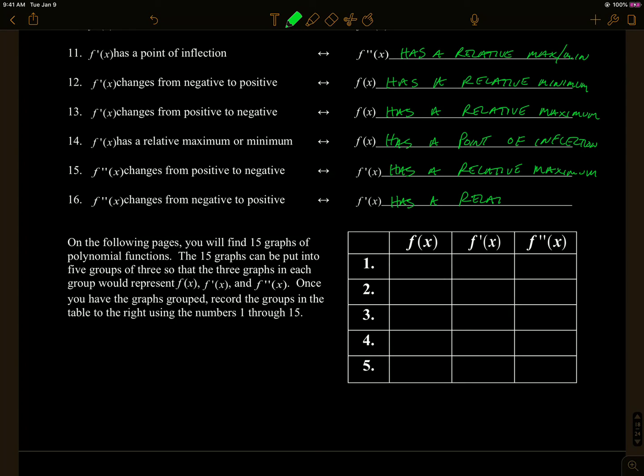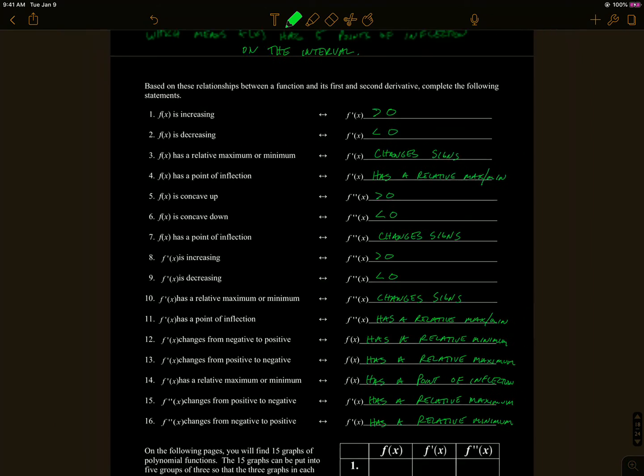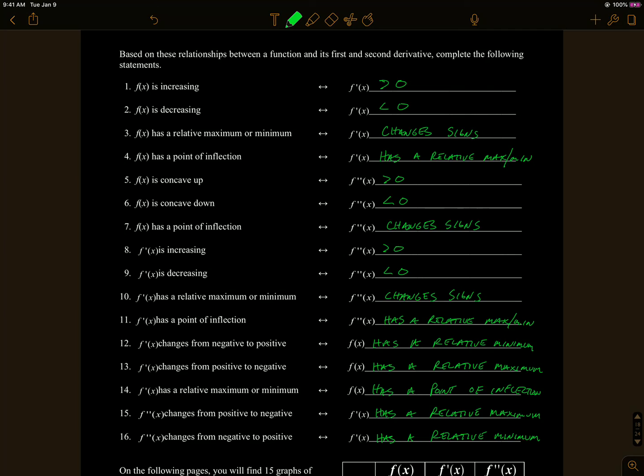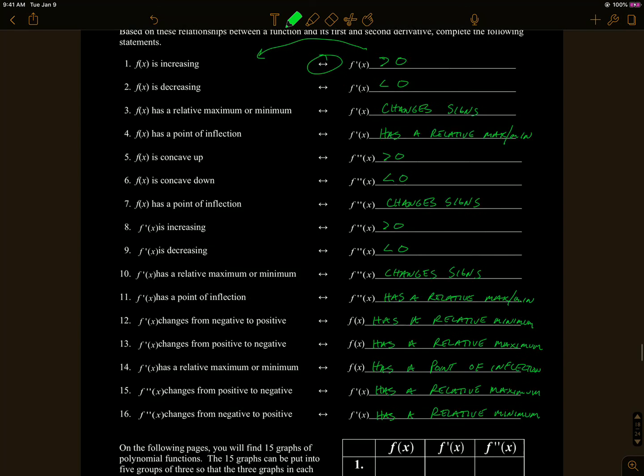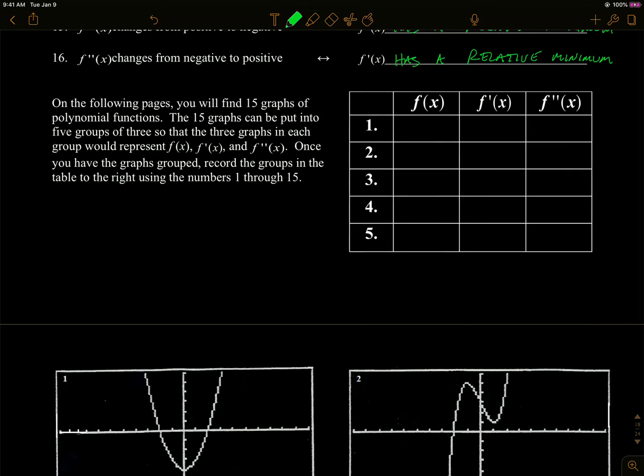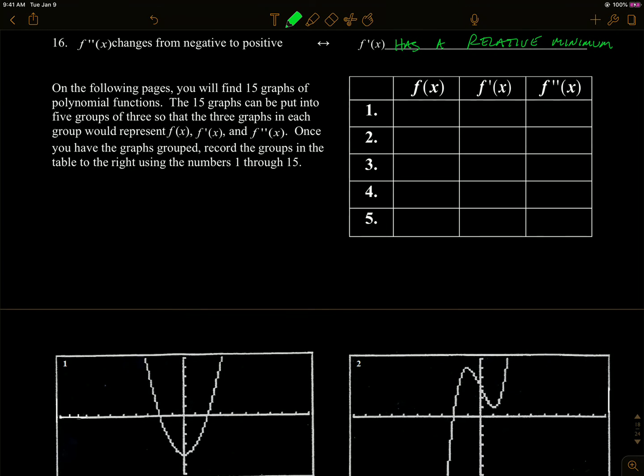So we took that relationship between first and second derivative, and we really added in another step here. So you've got all this stuff to consider, and notice the arrows go both ways. So I could tell you something from the right column, and you should be able to make the conclusion to the left column. So this is something that we're going to do in class here.